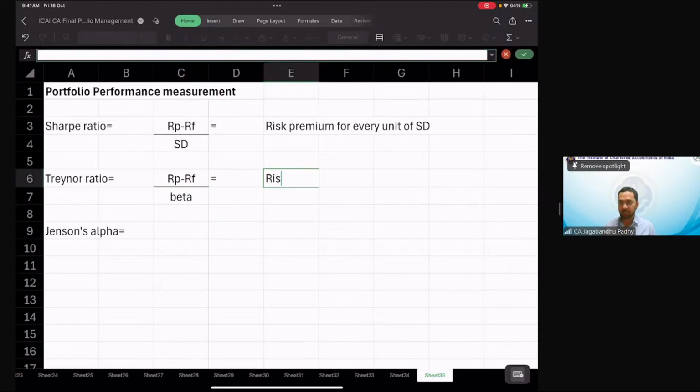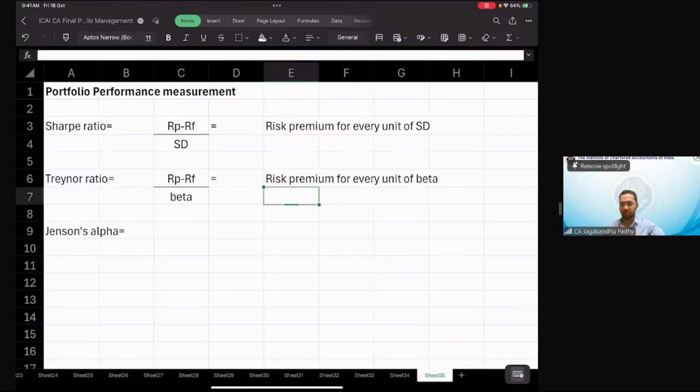So this gives us the risk premium for every unit of beta. So for every 1 unit of beta, what is the risk premium that the portfolio has generated?